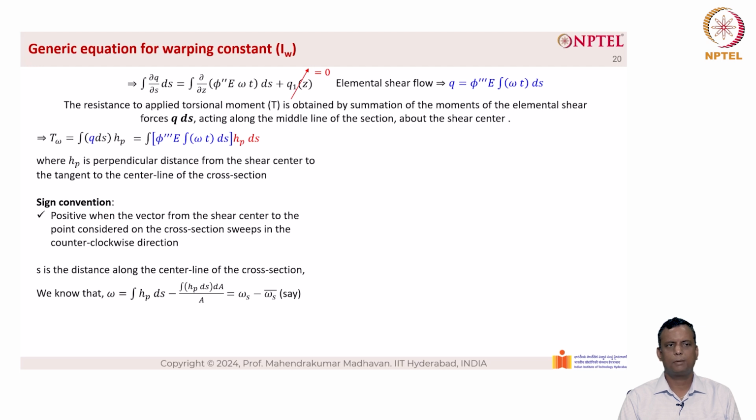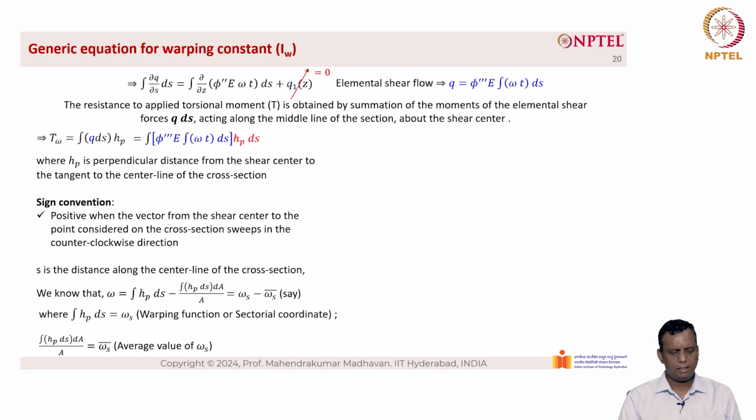Let's assume that way. So here, omega s, which is equal to integral of HP into ds, is defined as the warping function or sectorial coordinate. And integral of HP into ds into dA divided by A is equal to omega s bar, which is the average value of omega s.